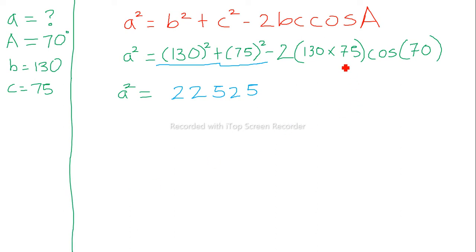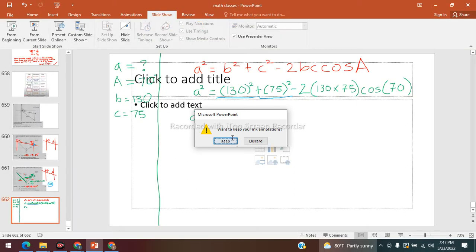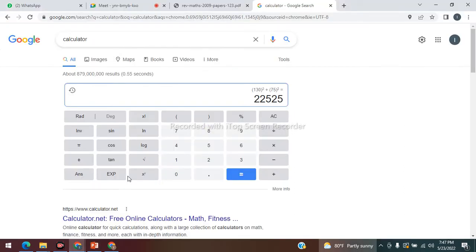If you're doing it in your calculator, you can put them in brackets like you have it. And then it's going to be minus 2 times 130 times 75. That's how I would do it. I wouldn't bother with cos here. 2 times 130 multiplied by 75, we get 19,500.